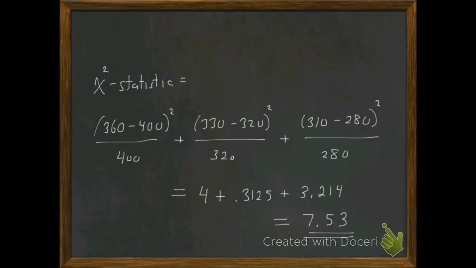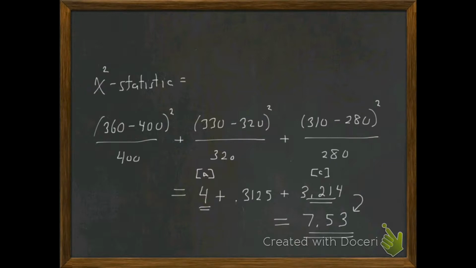What I want you to notice is that these two observations right here for candidate A and candidate C provide the most influence in our final test statistic. So we would say under the null hypothesis, our sample data is 7.53 standard errors above the mean.